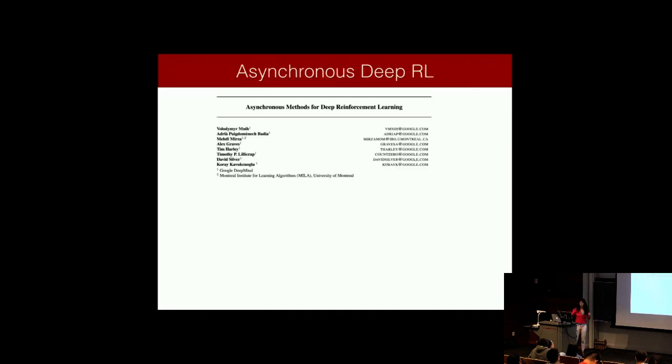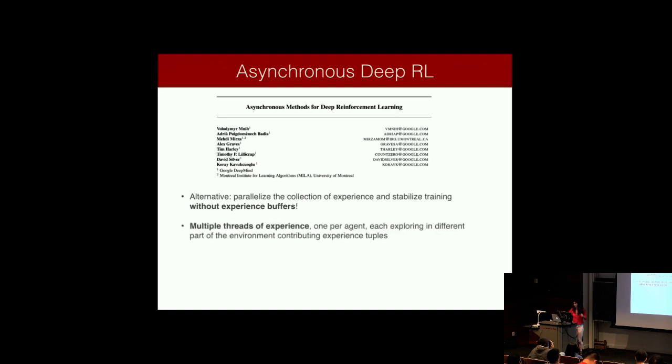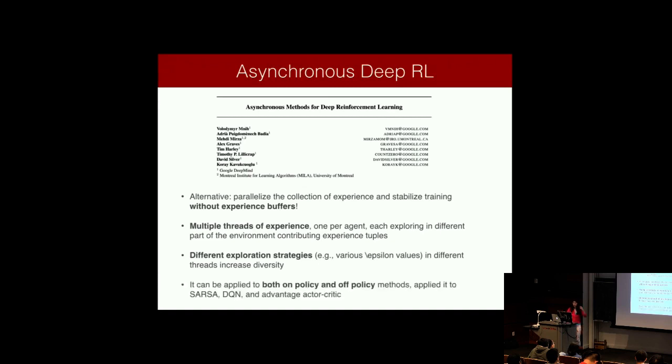This is the paper we'll discuss, Asynchronous Methods for Deep Reinforcement Learning, which said instead of using an experience buffer, let me parallelize the collection of experience across multiple threads on the same machine. Each thread is an agent, and they explore different parts of the environment and contribute their experience tuples all together to train a shared version of the network parameters theta.